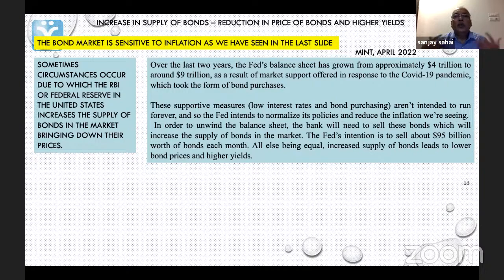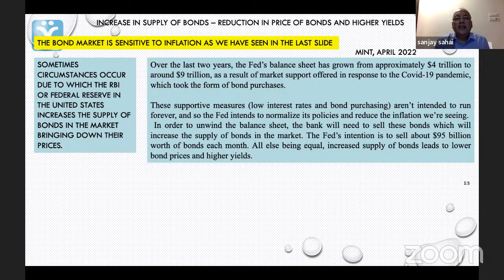So there was a huge amount of bonds which the Central Bank of the US, the Federal Reserve, had purchased from the banks at the time of the COVID pandemic. So when the COVID pandemic came, economic growth went down.